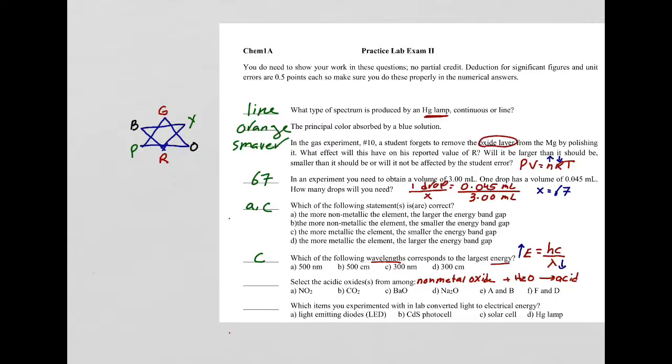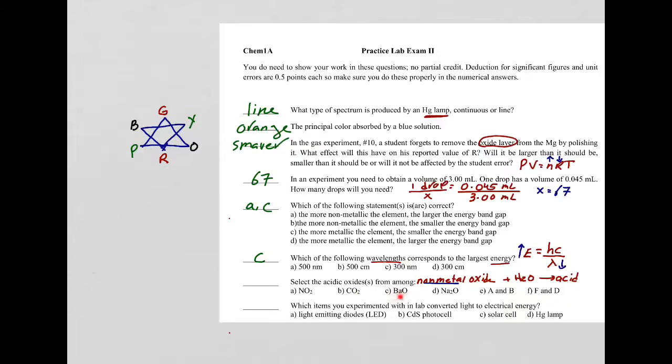Okay? So, to form an acid and to have an acidic oxide, what do you need? You need to have a non-metal. That's really key. Now, this one, is this two non-metals together? Yeah. This is a non-metal oxide. Is this a non-metal oxide? That's a non-metal oxide.